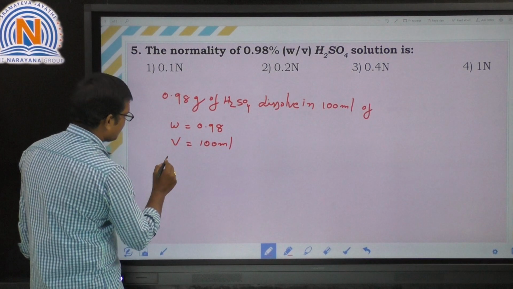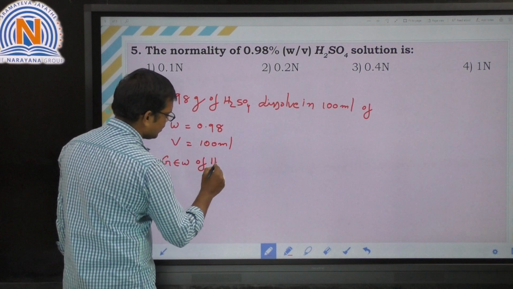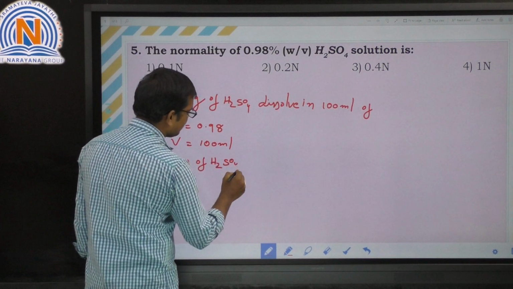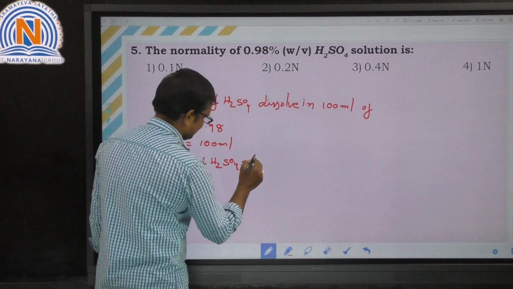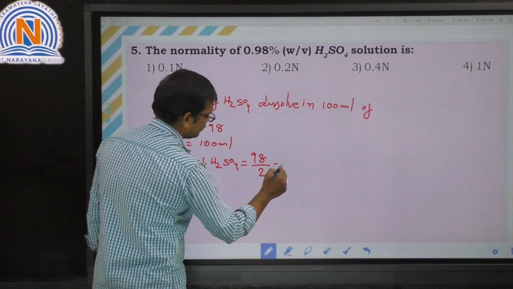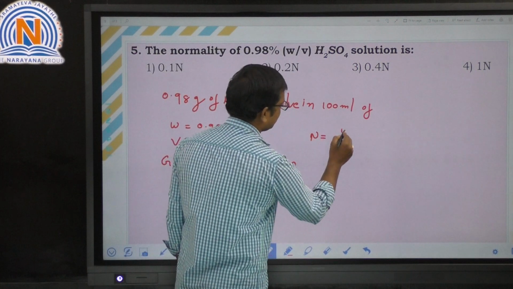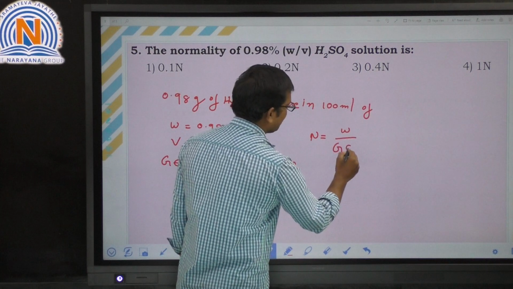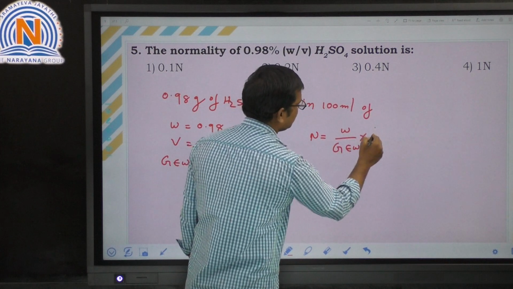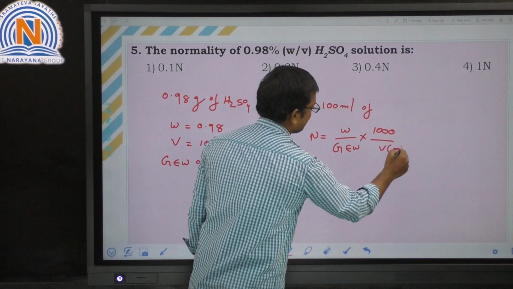And what is the gram equivalent weight of H2SO4? Gram equivalent weight of H2SO4 is gram molecular weight by basicity, 98 by 2, which is 49. So normality formula: normality equal to weight by gram equivalent weight into 1000 by V in ml.